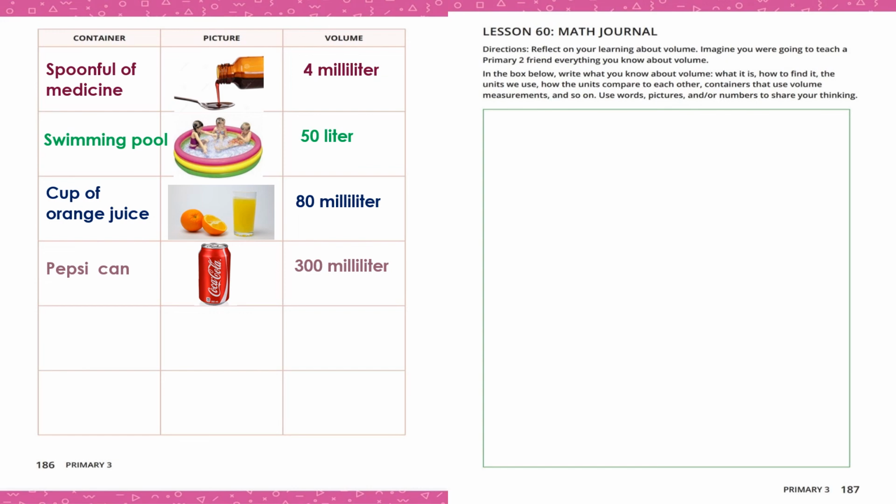Reflect on your learning about volume. Imagine we're going to teach a primary two friend everything you know about volume. First, I will tell him some important points about volume. The first is the meaning of volume. Volume is the measurement of how much a container can hold.